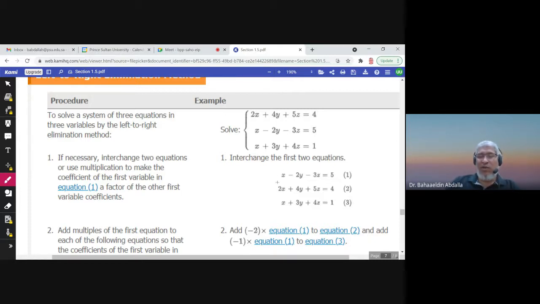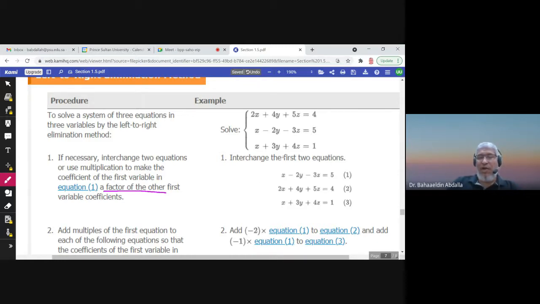The coefficient of x should be 1 in the first equation, or at least it could be a factor of the other two coefficients. So for example, if the coefficient of x here is 4, here is 6, so 2 here would be fine. 1, of course, would be also fine, but in this case, the factor would be also okay.